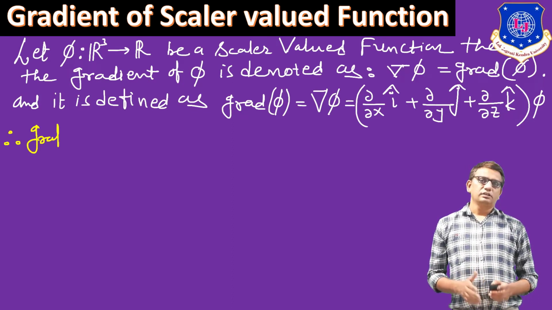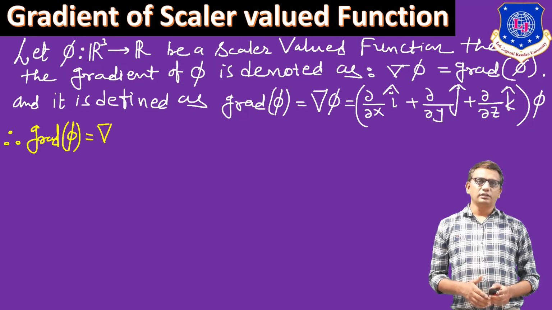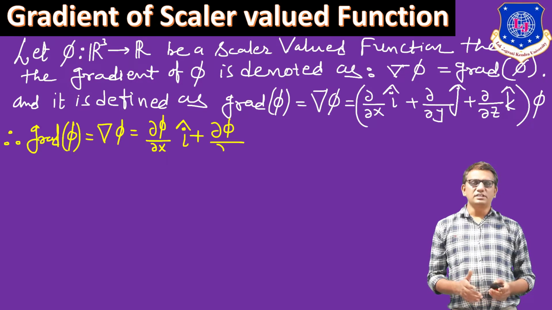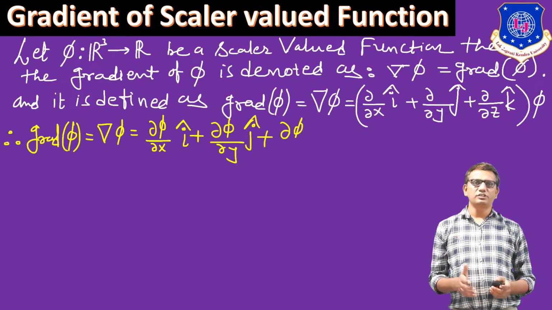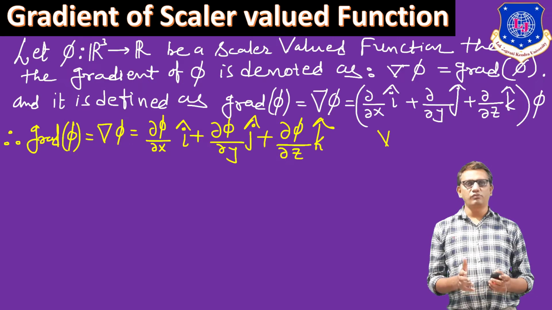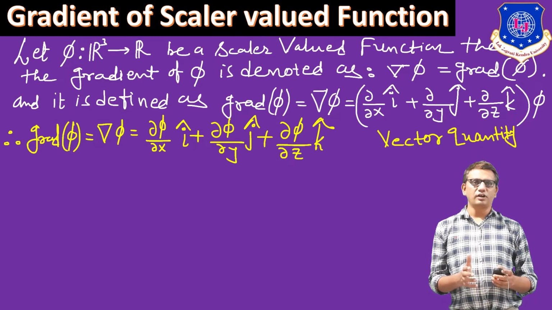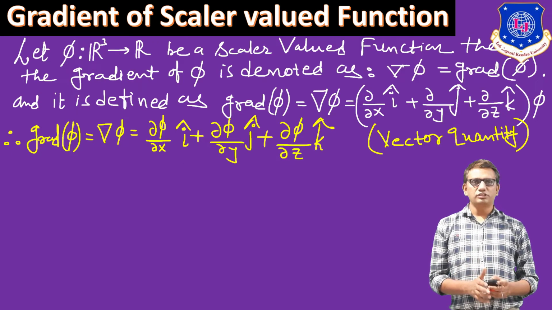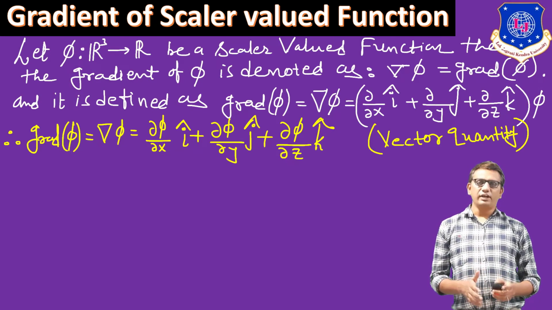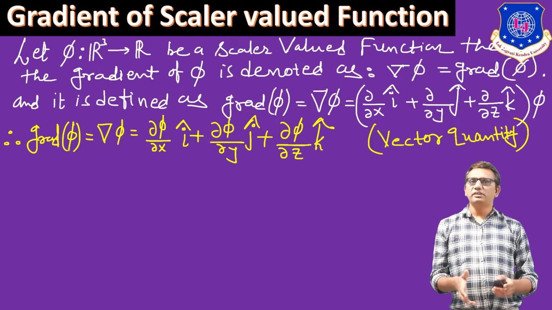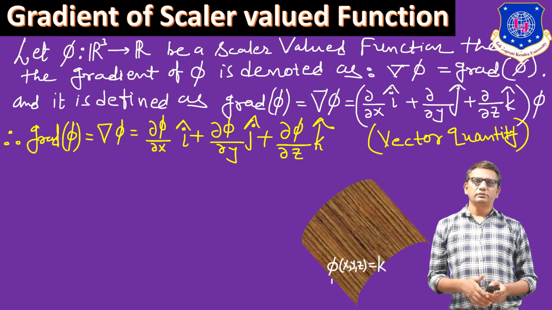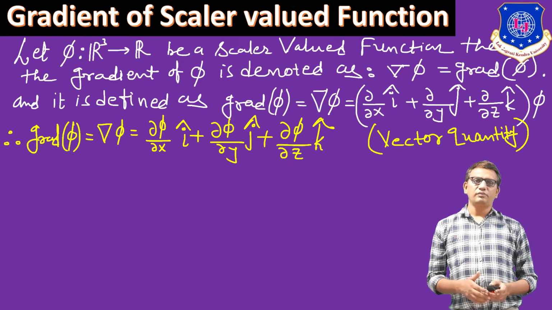Here gradient of phi is equal to del phi, which can be written as the partial derivative of phi with respect to x i caret plus the partial derivative of phi with respect to y j caret plus the partial derivative of phi with respect to z k caret. And we know that it is a vector quantity and it represents some vector in R cube. But which vector does it represent?